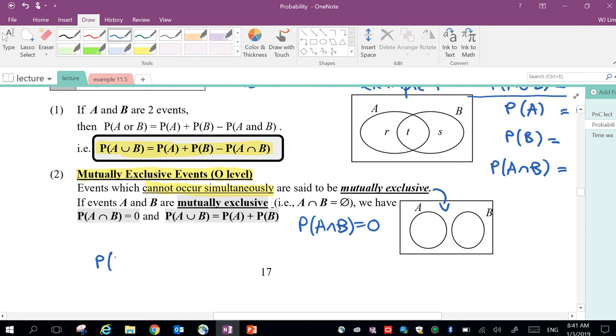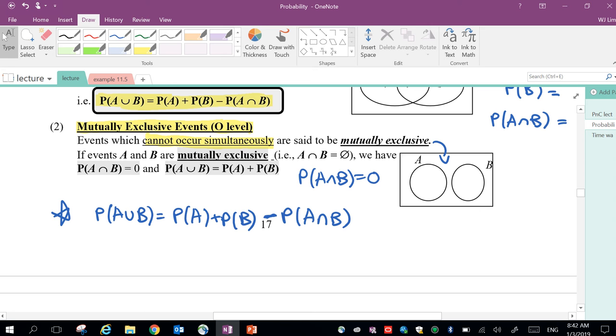This formula, A union B equals PA plus PB minus probability A intersect B, is super important.